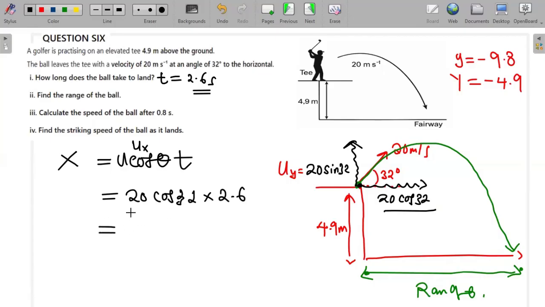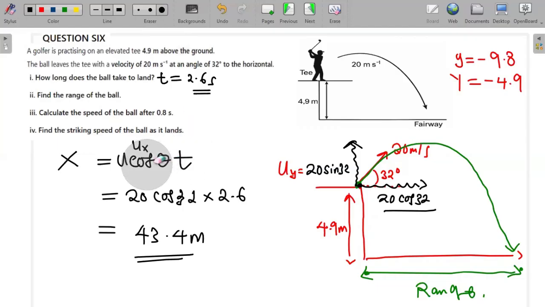I multiply this and I get my range as 3.4 meters, or any number very close to this. So make sure you counter check with your own calculators if you're finding the same ones. So that's our range.